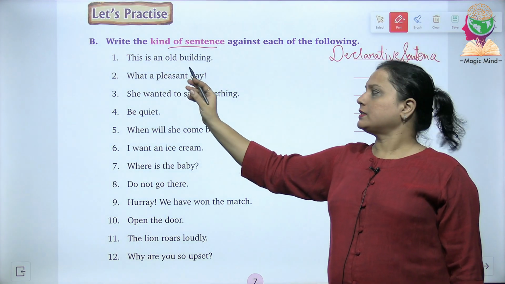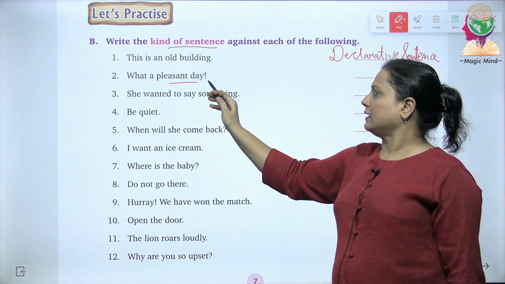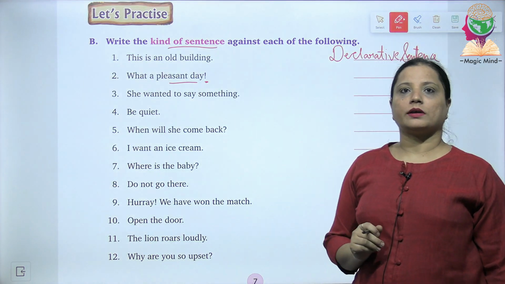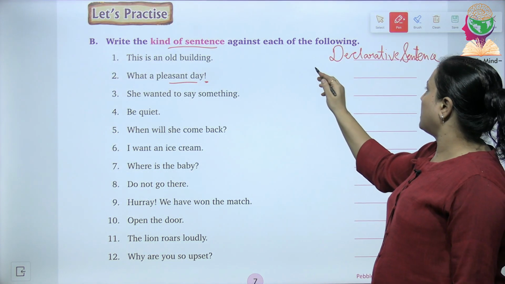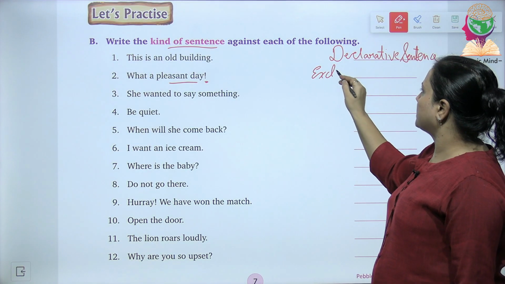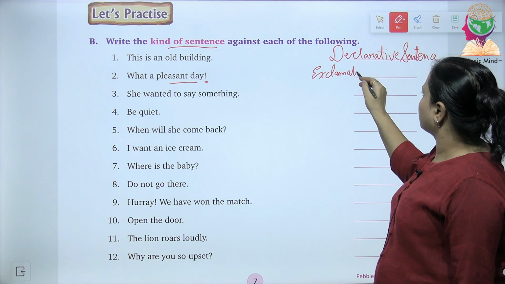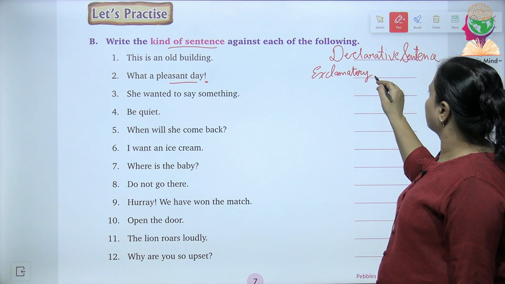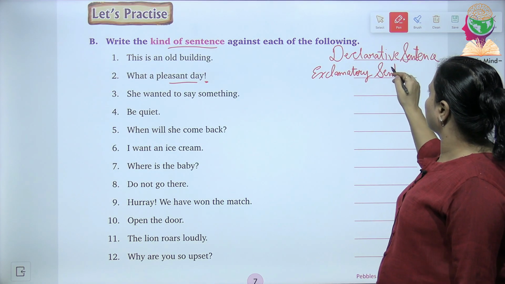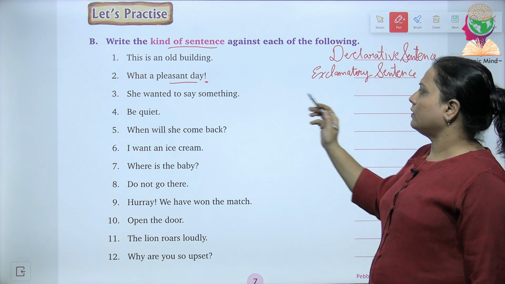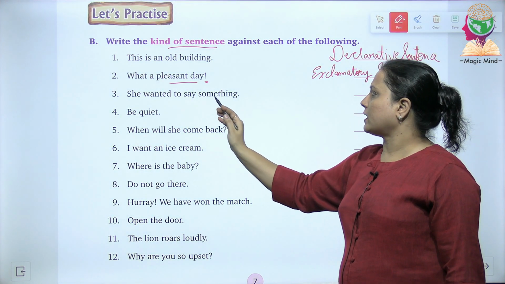The next one is, what a pleasant day. It has an exclamation mark at the end, hence we will call it an exclamatory sentence. Then the next one, she wanted to say something.